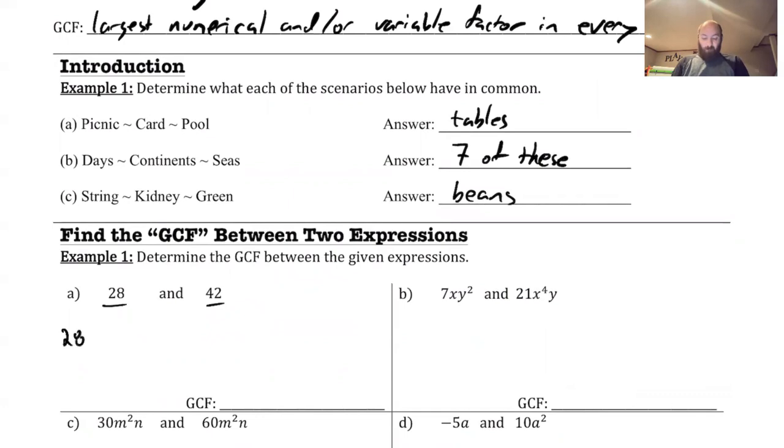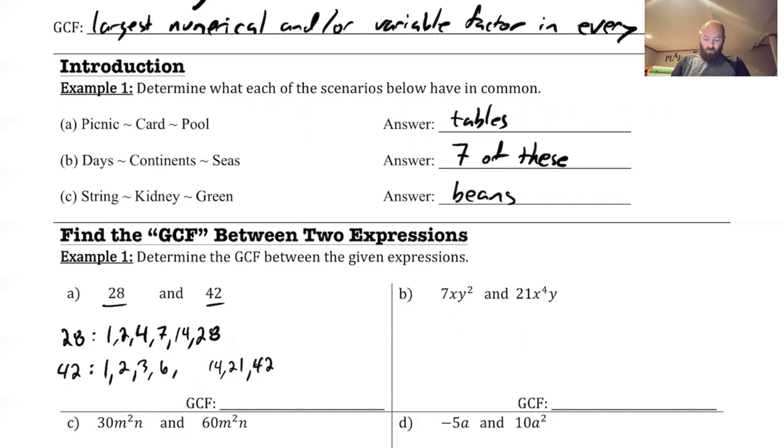So for example, 28, you can do 1 times 28, you can do 2 times 14, and you can do 3, that won't work, but then we go 4 and 7. That works. Okay. 42. I've got 1 and 42, 2 and 21, 3 and 14, I believe, and then the last two are going to be 6 and 7.